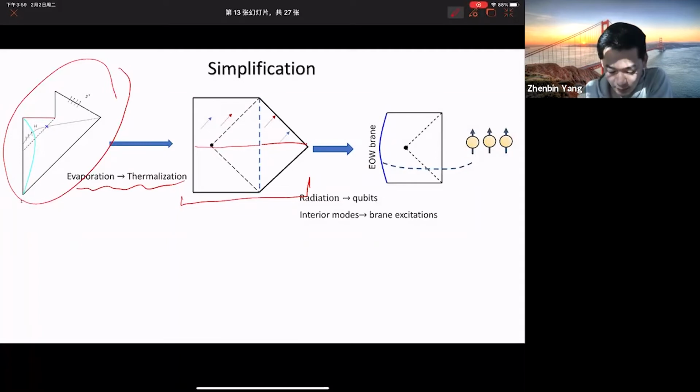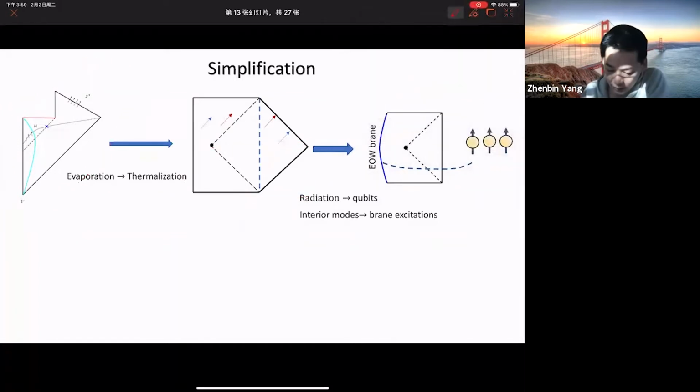And here the red arrows and blue arrows label entangled Hawking pairs, interior modes and exterior modes. Then another level of simplification is to simplify the radiation to qubits, and the interior modes to excitations on the end-of-the-world brane.